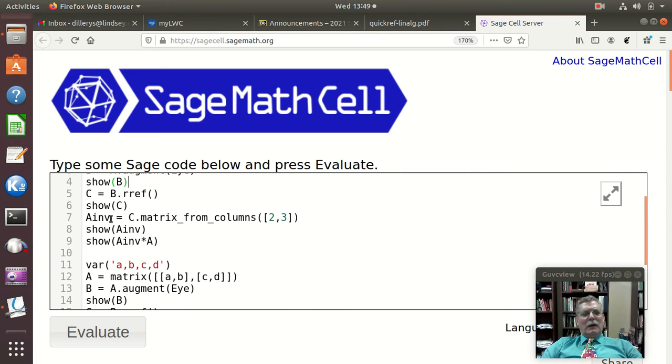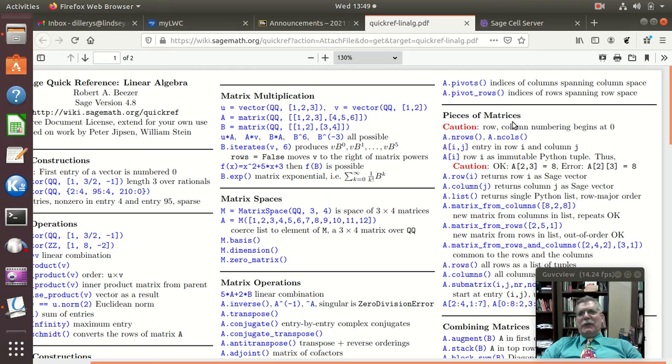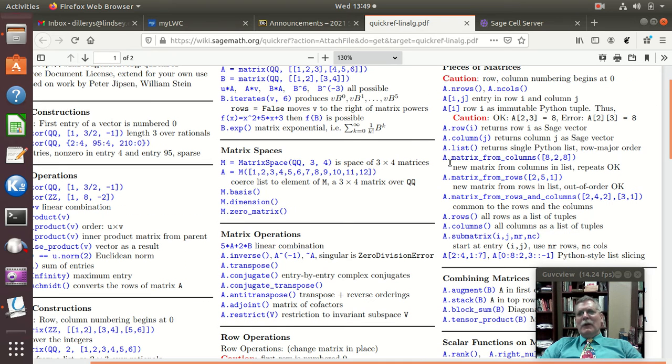And then when I look at that, I wanted the last 2 columns. And so how did I do that? Well, again, I went here, and there's pieces of matrices, and I found this matrix from columns, and I can list whatever columns I want.